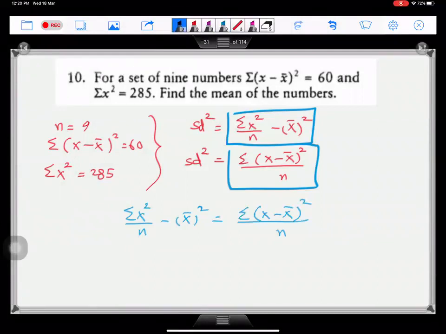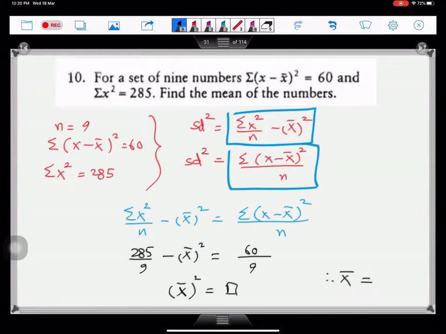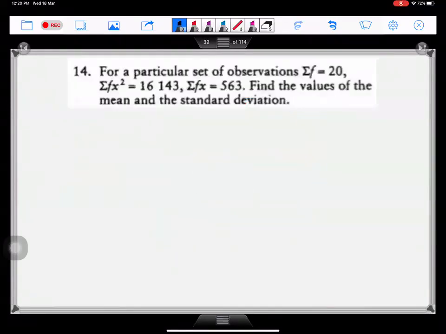So therefore sigma x square is 285 over 9 minus x bar square is equal to 60 over 9. And you can conveniently make x bar square the subject, and then you can take the square root, and you will get the value of x bar.